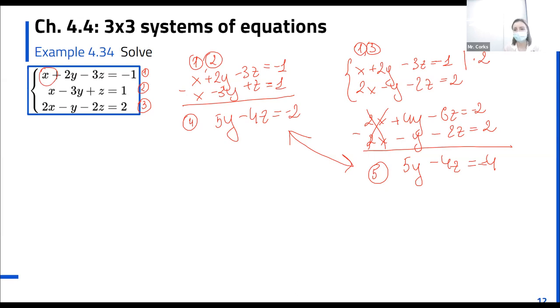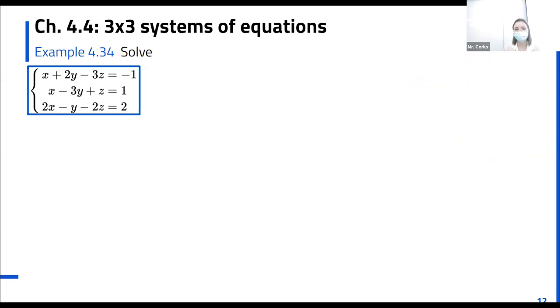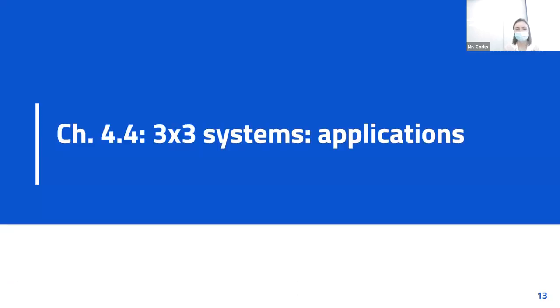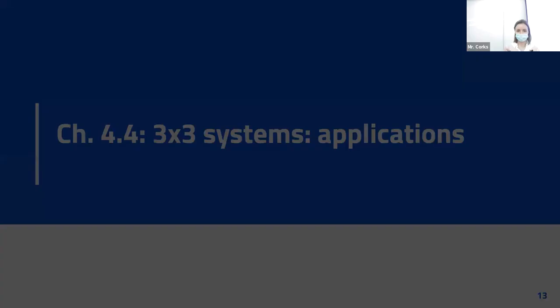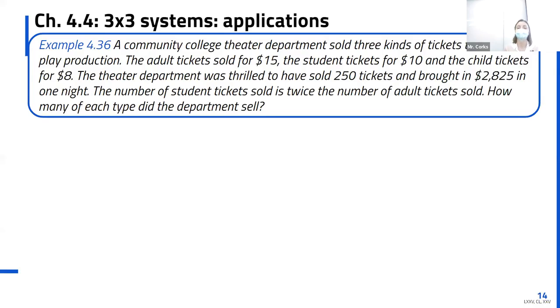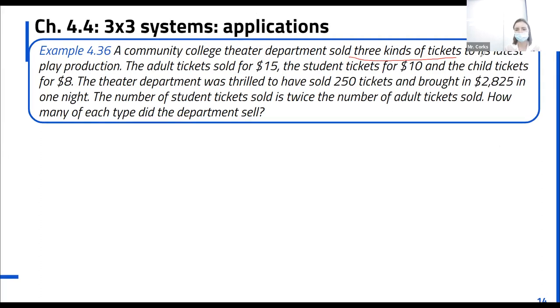So let's go further. And now we will use a 3x3 system to solve another text problem. So what do we have here? Here we have tickets again, but now we have 3 kinds of tickets.